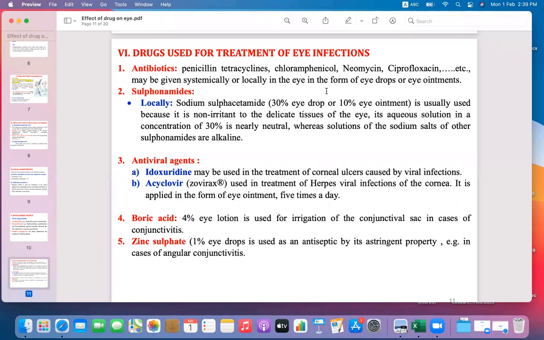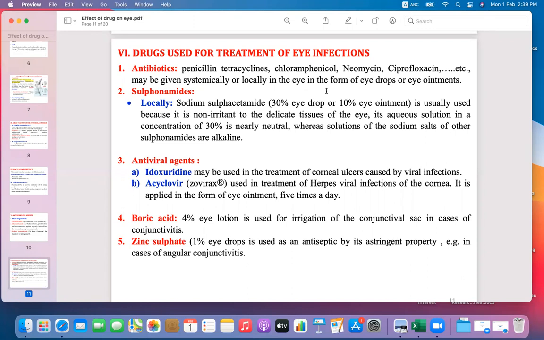So these antibiotics are used in infection, maybe in the form of eye drops, eye ointments, or given systemically. Sulfonamides, locally sodium sulfacetamide, 30% eye drop or 10% eye ointment, is usually used because it is non-irritant to the delicate tissue of the eye.